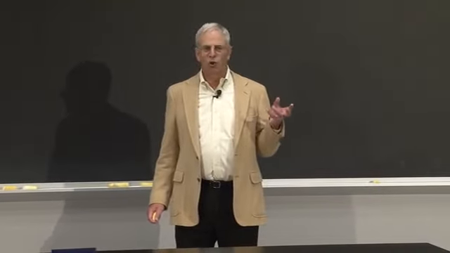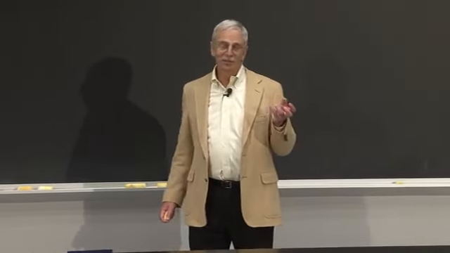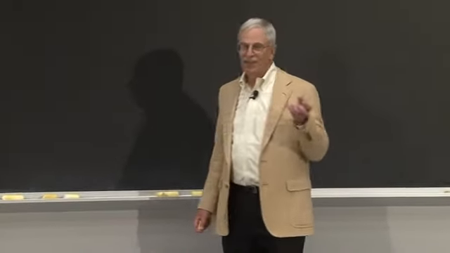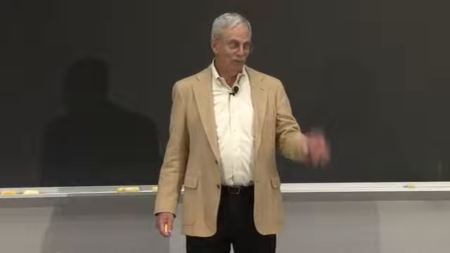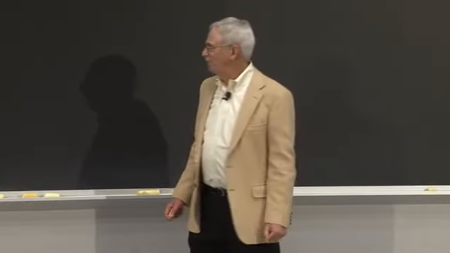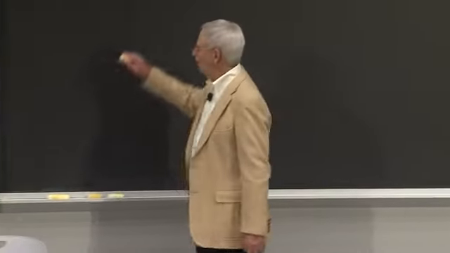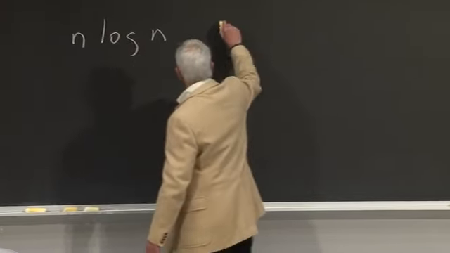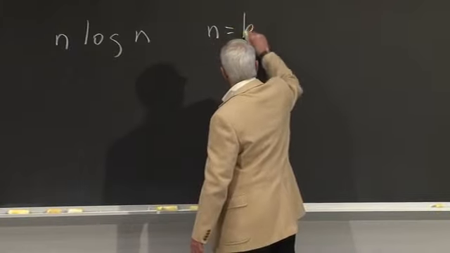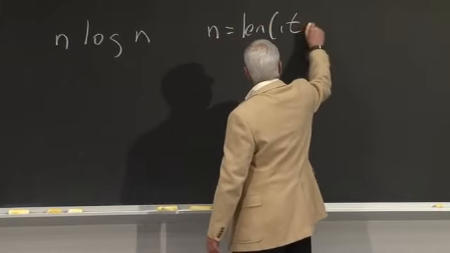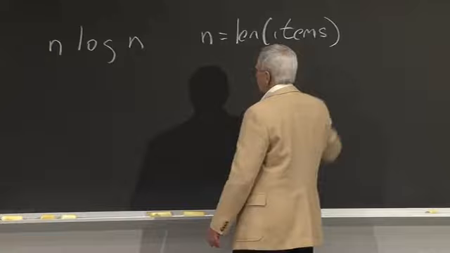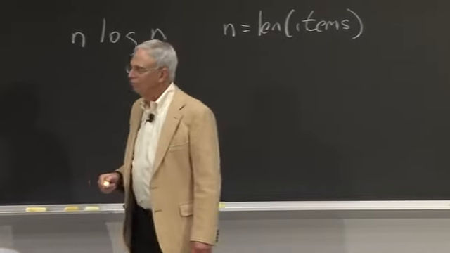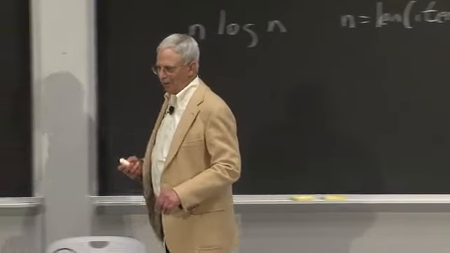Python uses something called timsort, which is a variant of something called quicksort, which has the same worst-case complexity as merge sort. And so we know that is n log n, where n, in this case, would be the len of items. OK? So we know we have that.